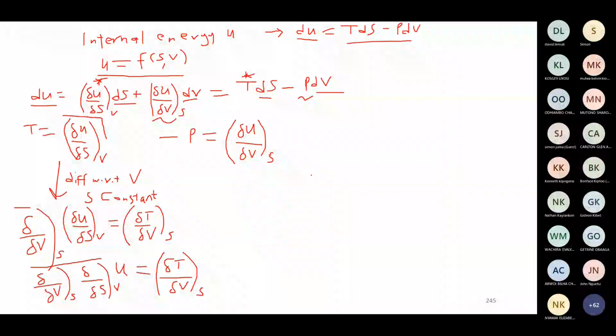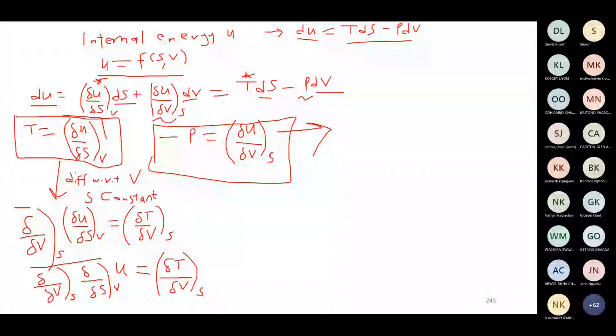So we can also, the same way we have treated this expression for t, we can also deal the same way with this expression for minus p. Okay.